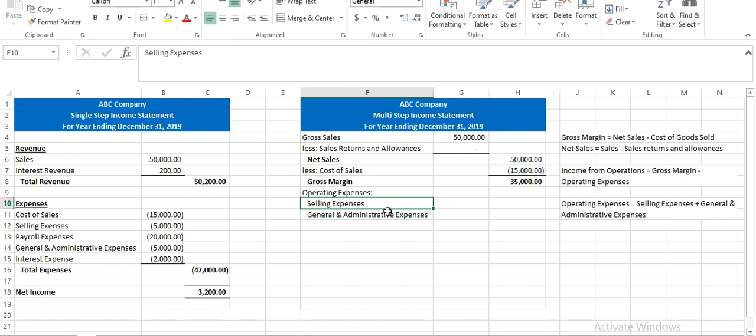It could as well be advertising, or any trucking or vehicle that's being used to drive the product to and from maybe a warehouse to a customer, things like that. Anything that is directly related to helping a product get to the end user or the customer can be considered selling expenses.